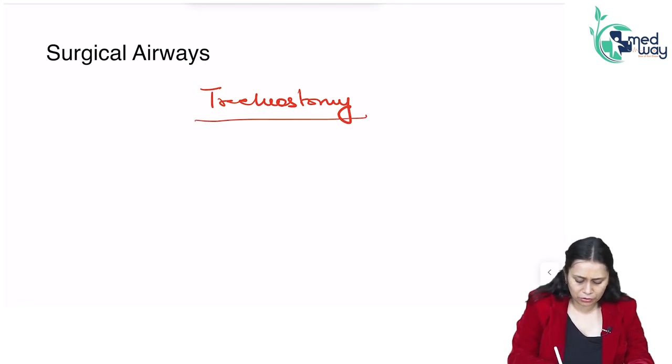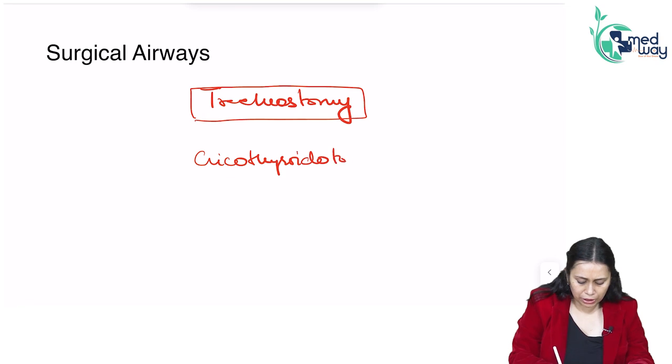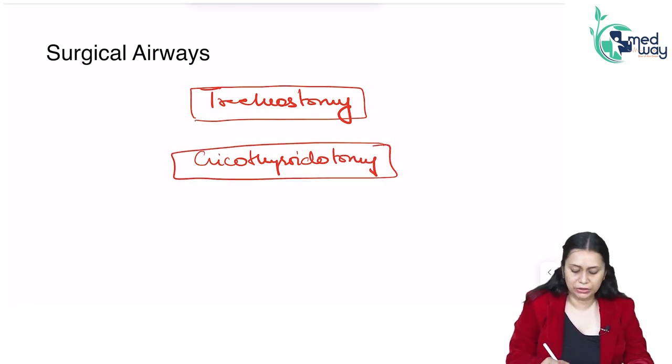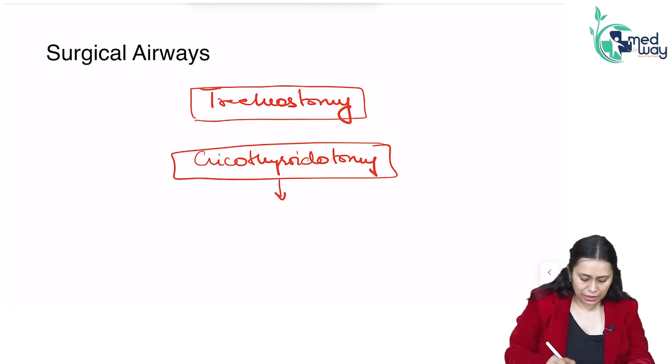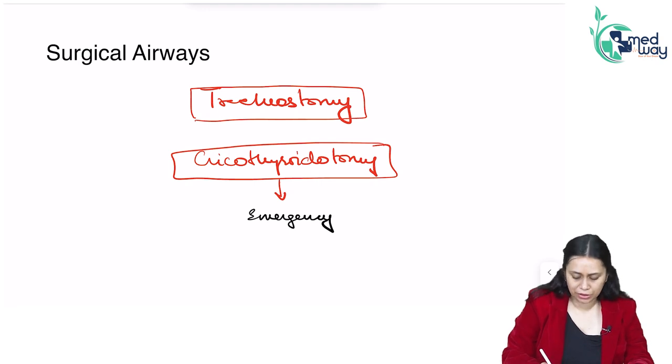Here we'll talk about tracheostomy and something called cricothyroidotomy. This is airway securement in emergency, done when we are unable to intubate and unable to ventilate.